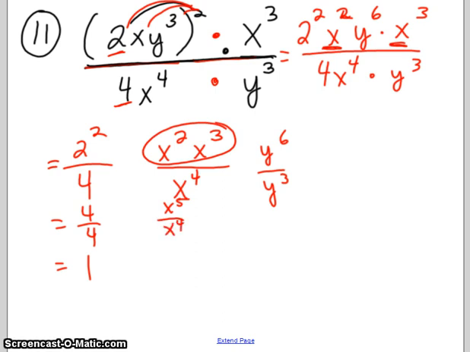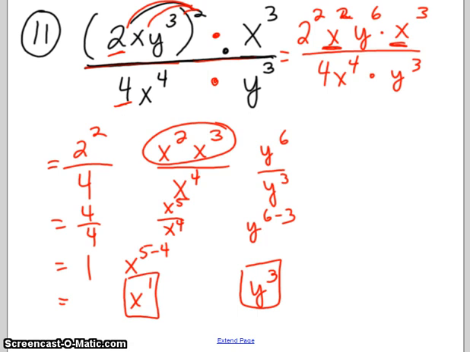Now, since it's division, we know that it's x to the 5 minus 4, which is just x to the 1st. With the y's, we could just subtract them. We have y to the 6th minus 3, which is just y to the 3rd. So I have y to the 3rd left over after I simplified x to the 1st, and I have 1.